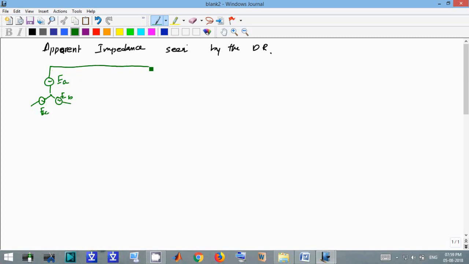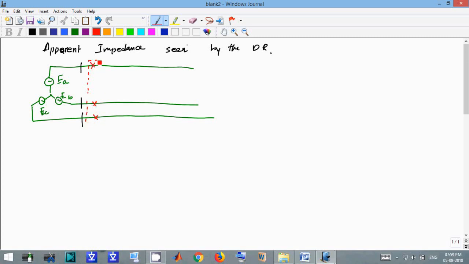Now suppose this is the bus, and here a circuit breaker is placed. This is our circuit breaker, CB, and the relay is also placed in this location.